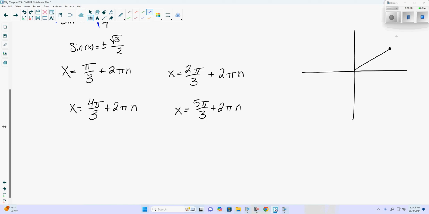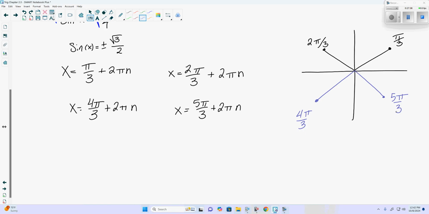our first angle is pi over 3. Our second angle over here is 2 pi over 3. Our angle down here in the third quadrant was 4 pi over 3. And our last angle down here was 5 pi over 3.